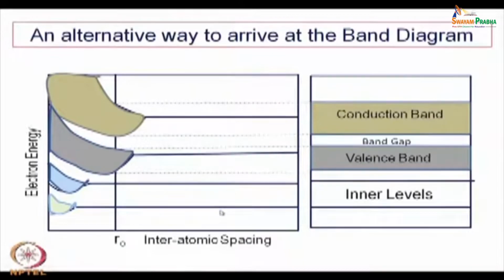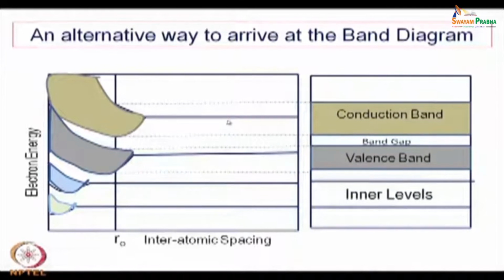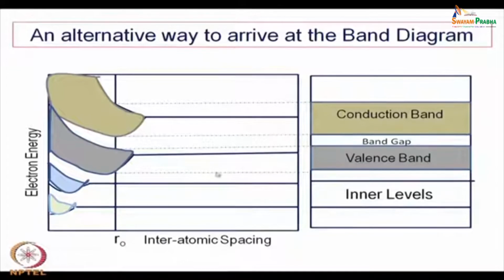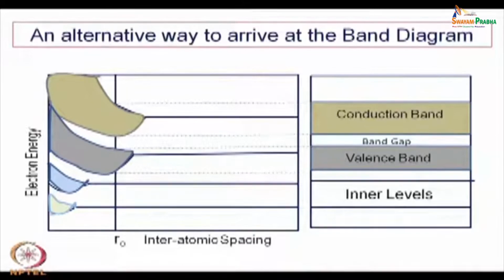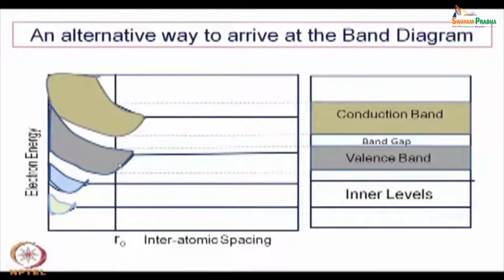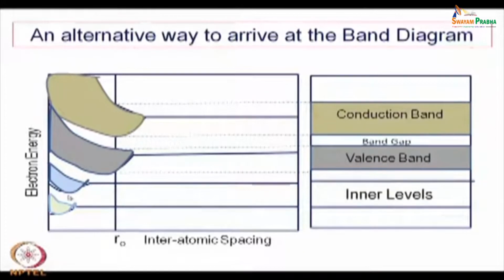Here these are the orbitals of different atoms which are normally there, and these are the inner orbitals or inner levels, and this is the outermost orbital. Now, for the outermost orbital the diameter is larger, whereas these are smaller. So, if you are bringing two different isolated atoms from a distance, then the outermost electrons of the two atoms will interact with each other first, and then the others will interact.